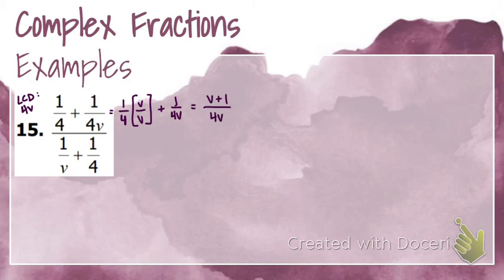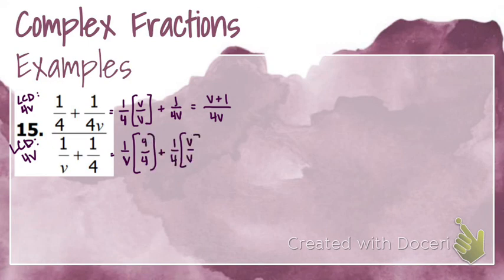Good deal. The LCD for the bottom one is also 4v. So cool. So this one's going to give us 1 over v times 4 over 4 plus 1 over 4 times v over v, which will give us 4 plus v over 4v.